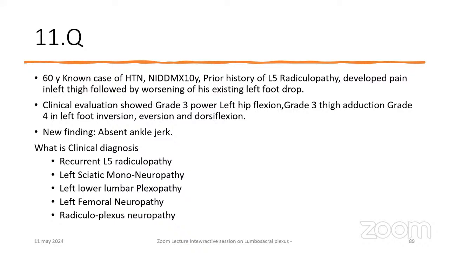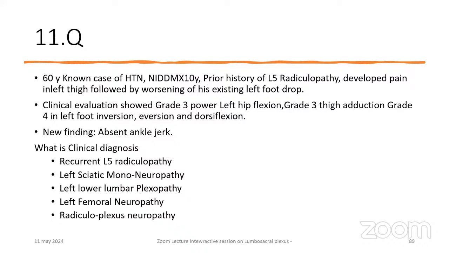The clinical evaluation showed grade 3 power in left hip flexion, grade 3 thigh adduction, grade 4 in left foot inversion, eversion, and dorsiflexion. Absent ankle jerk. Is it recurrent L5 radiculopathy, left sciatic mononeuropathy, left lower limb plexopathy, left femoral neuropathy, or radiculoplexus neuropathy?